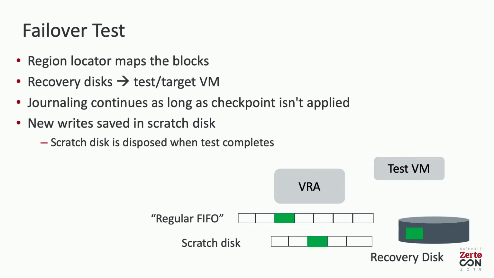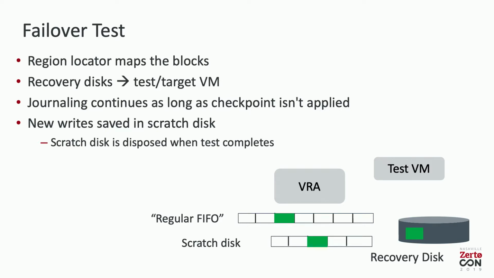Okay? So what the system actually does, it creates something called a region locator. A region locator is like a map. And the map says, for each block at that point in time, the user says, I want to do a failover to a specific point in time. It will say exactly for each block where to find it.